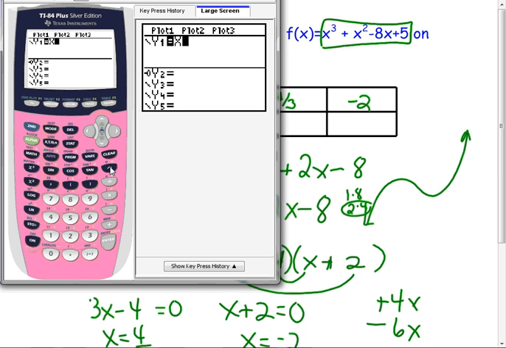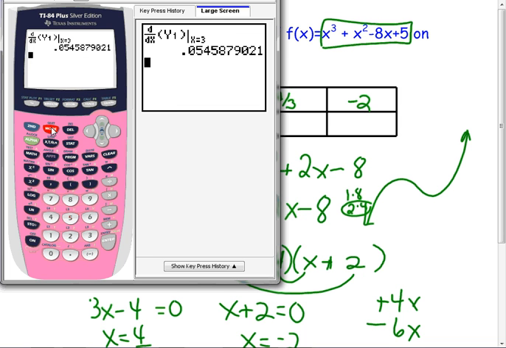It's x cubed. Then I have to arrow over. Because I don't look. Yeah, I messed up. Okay, there's y1. And I'm going to go to my home screen. And I'm just going to evaluate it at these points.